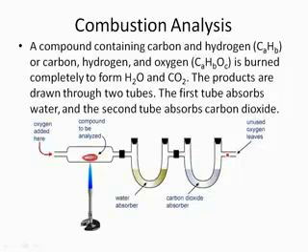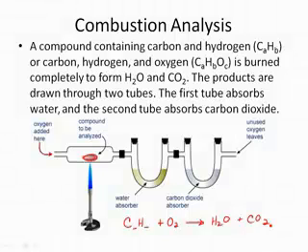If you remember from basic chemistry, when we burn a hydrocarbon, a compound with carbon and hydrogen in it, and remember in chemistry burning just means we're combining it with oxygen, the products are going to be H2O and CO2. That also applies if there is oxygen in this initial substance as well.